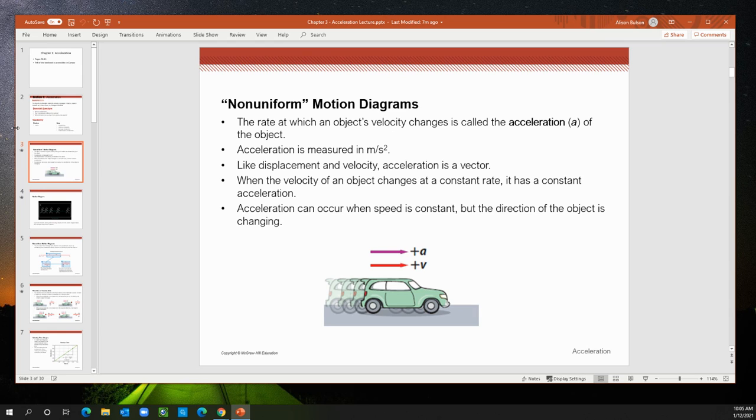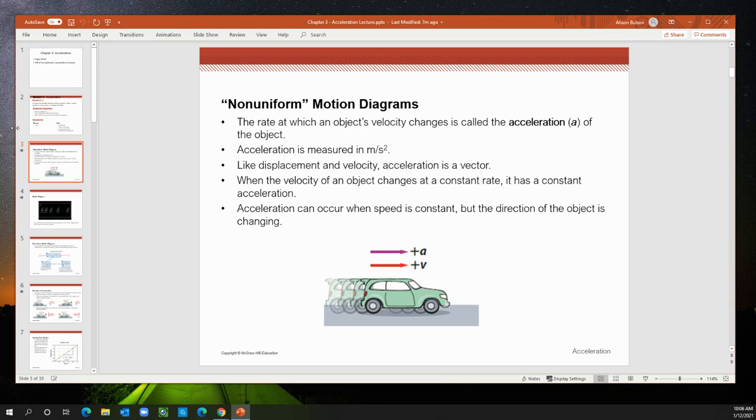In our everyday use of the word acceleration, we usually mean just something that's speeding up. And we use the word deceleration for something that's slowing down. Acceleration can occur when an object speeds up or slows down, but it can also occur when an object changes direction. Velocity is a vector, so it has a how fast and a direction.